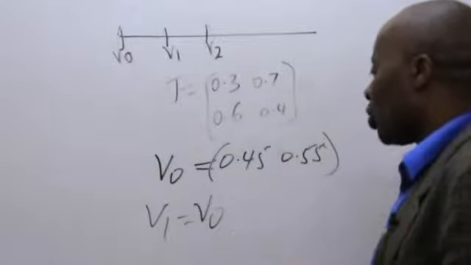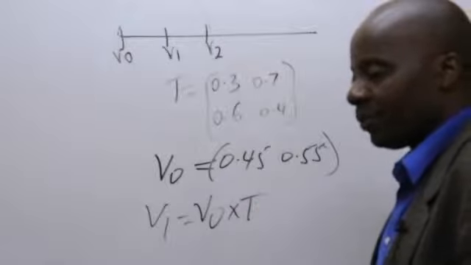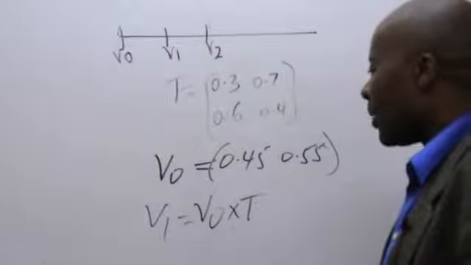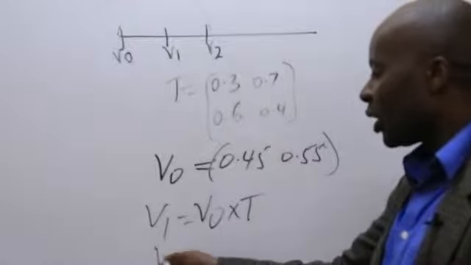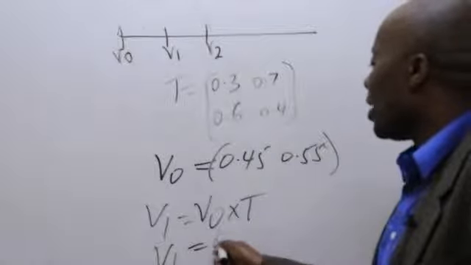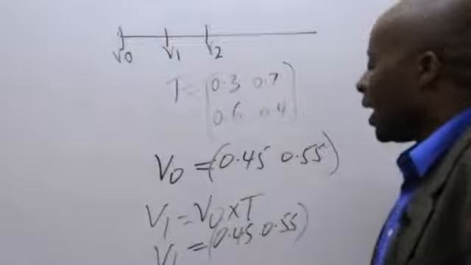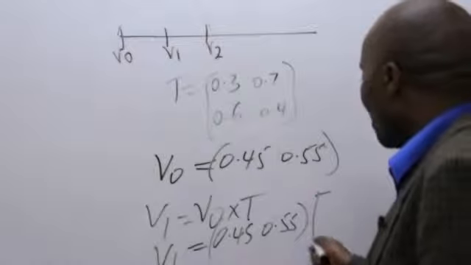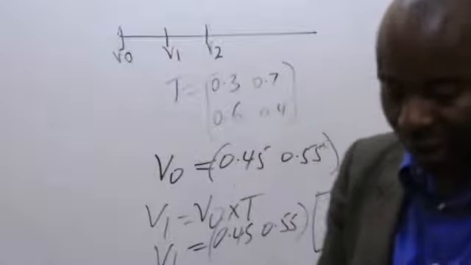I take vector 0 and multiply it with the transition matrix. Remember, you have to begin with a vector. Therefore, my vector 1 will be equal to vector 0, which is 0.45, 0.55, and then I multiply this with the transition matrix.